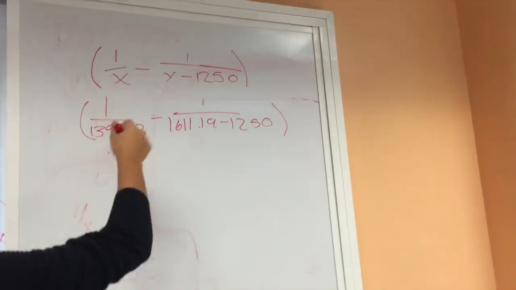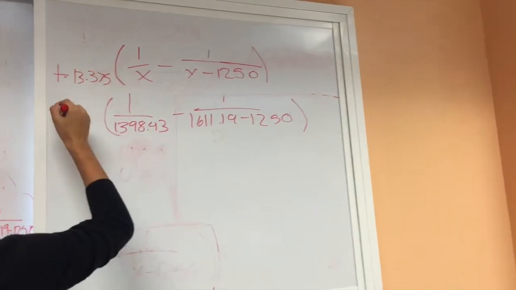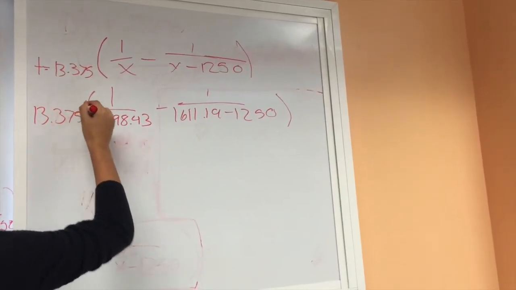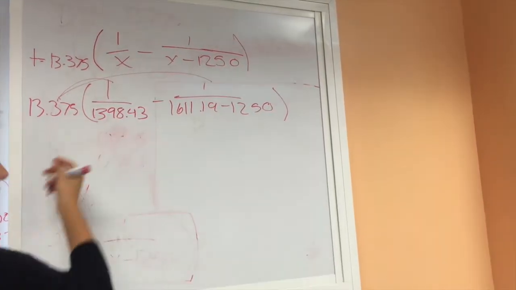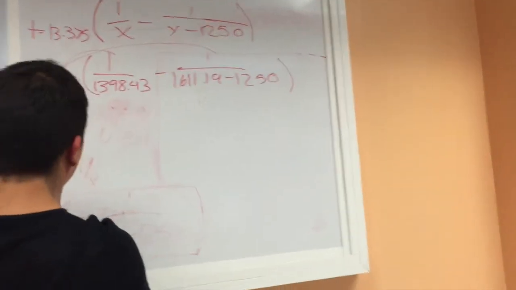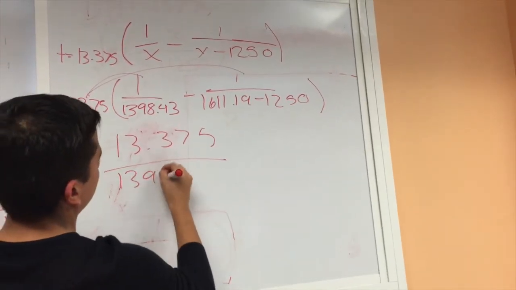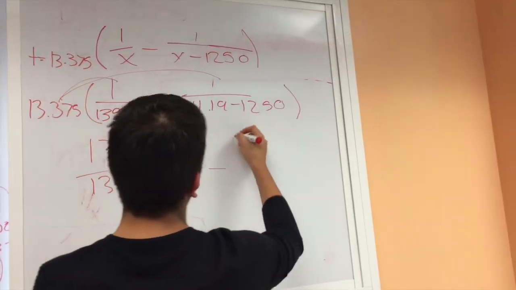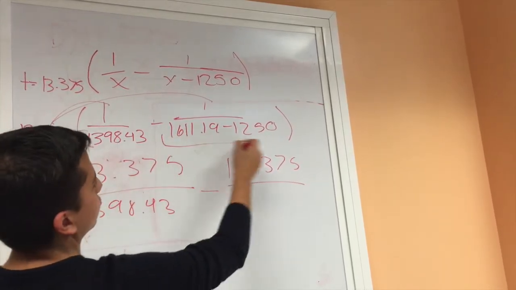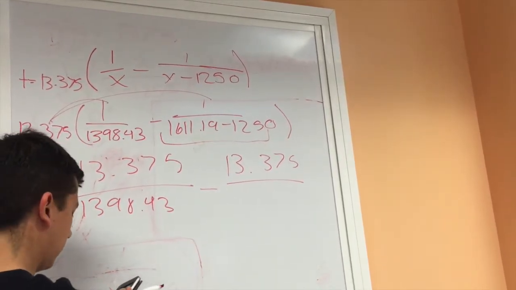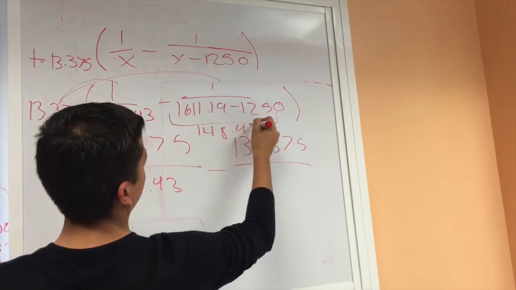And this is all going to be multiplied by the time, 13.375. We apply the distributive property, and we get 13.375 over one value minus 13.375 over the other, and we need to evaluate this one, and we get 148.43.